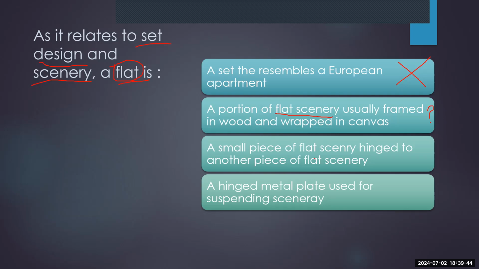I don't know. We don't know if that one's right or not, because our idea of using the word flat kind of fell apart, since that would use flat too, right? All right. A hinged metal plate used for suspending scenery. No. That one's a little more of a stretch. I'm not sure how that one could be called flat.